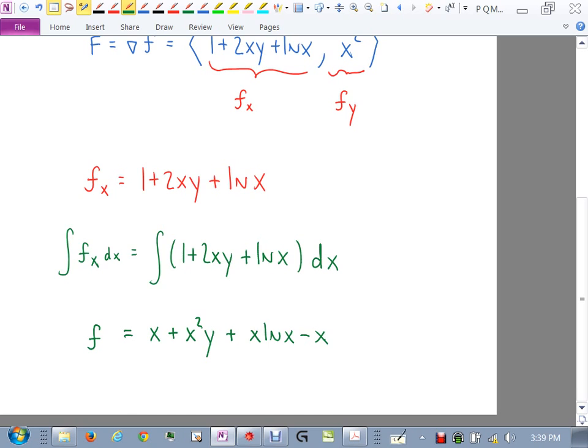Okay? So now, when we do integration, we usually have a constant, right? Plus c.